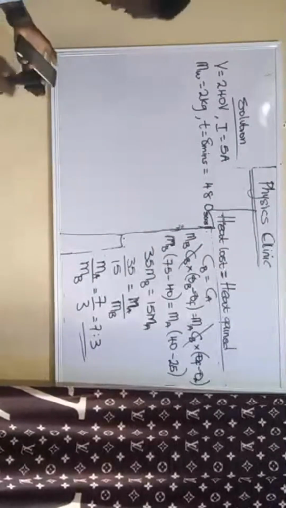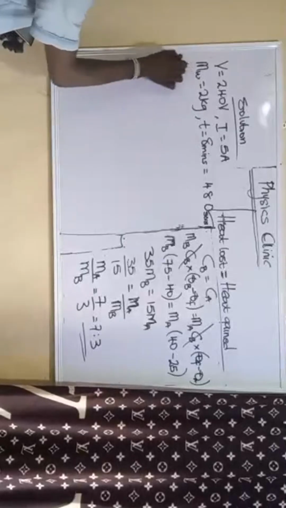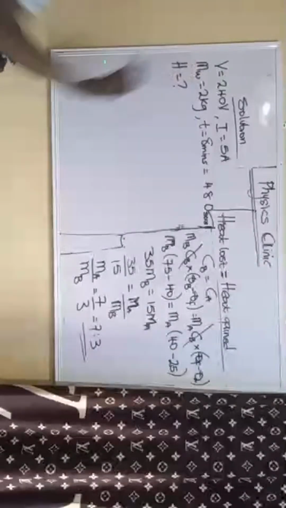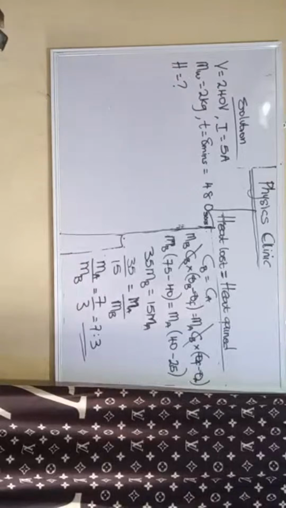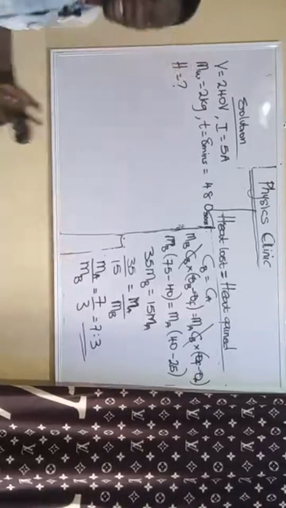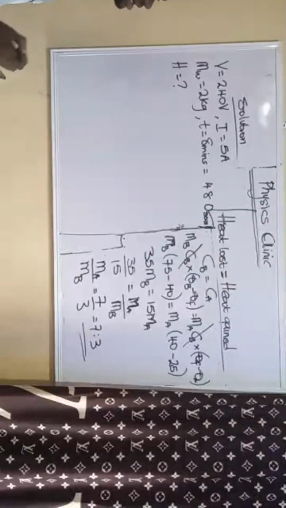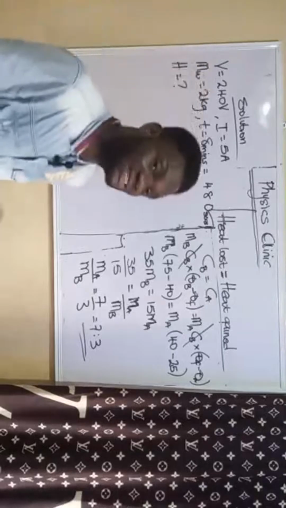Then we proceed. It says calculate the heat energy supplied to the water. So this is a simply direct question. What is supplying this heat? What is losing this heat to the water? It is the electrical heater. And the electrical heater is an electrical device that supplies electric energy.